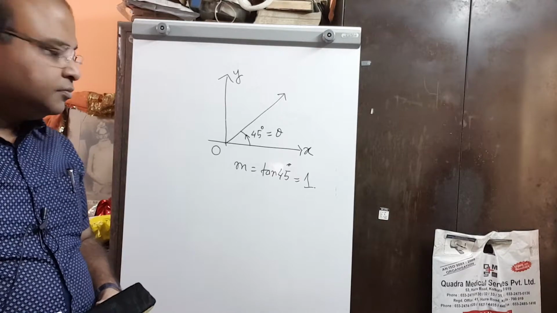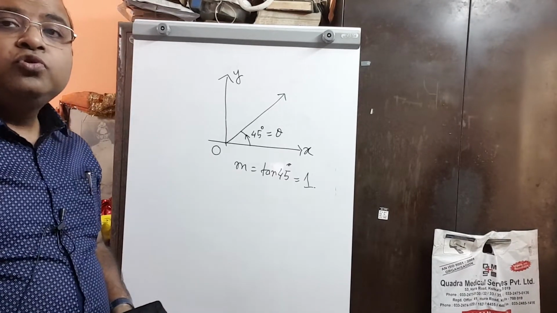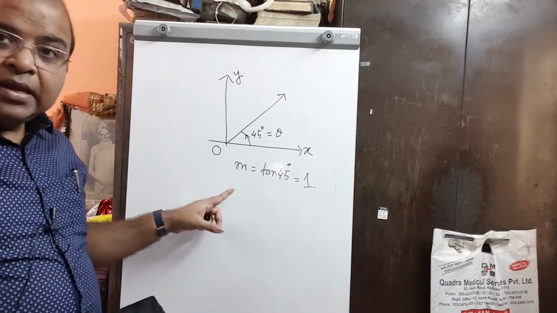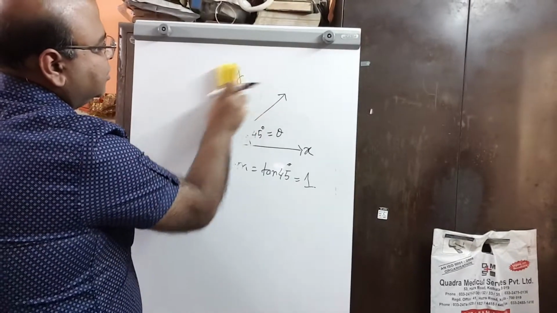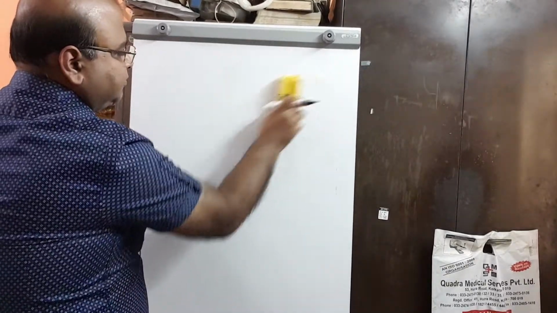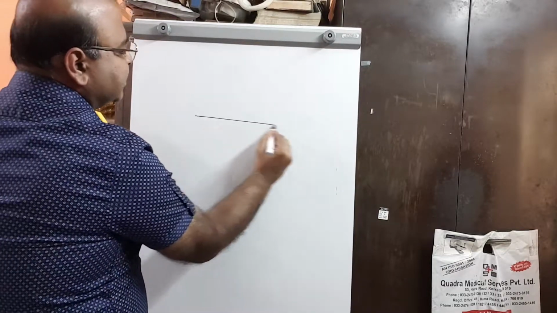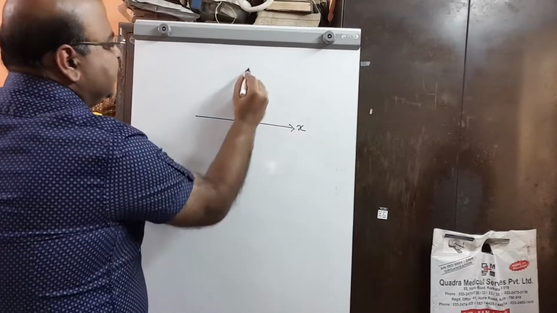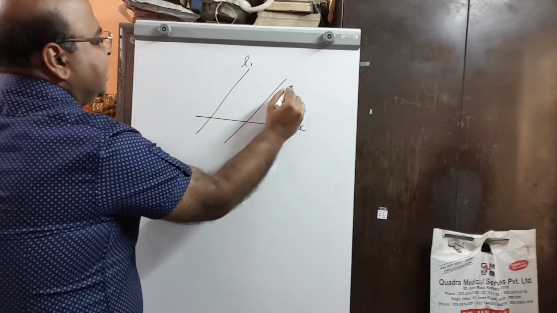Next is the relation between the slopes of two parallel lines. How to determine the relation between the slopes of two parallel lines? So let us consider two parallel lines. Say this is our x-axis here, and let us consider two parallel lines on the plane like L1 and L2.